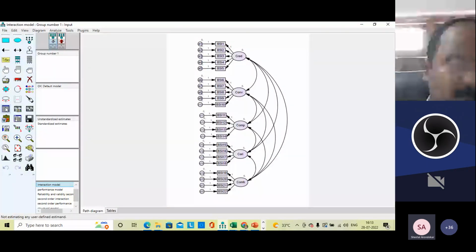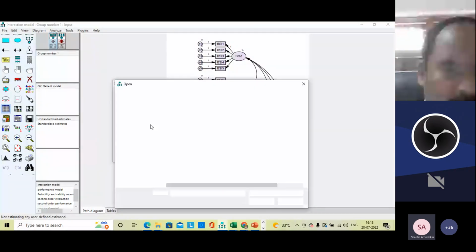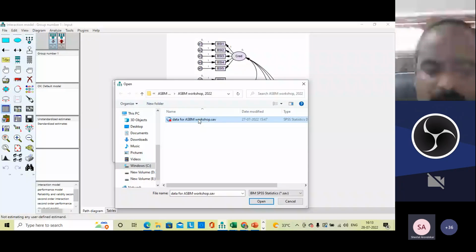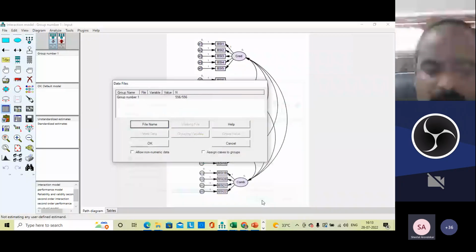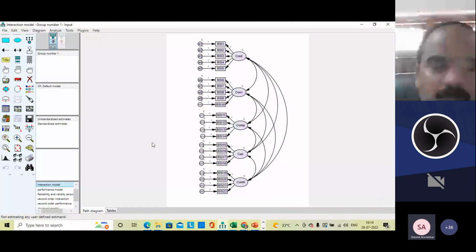Now I will operate. I will attach the file. I will make my SPSS file available for AMOS. The same procedure: go to File, locate your file, then click Open, then click OK. Now my AMOS has been incorporated with the file.